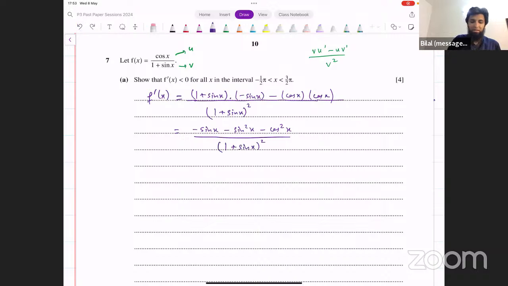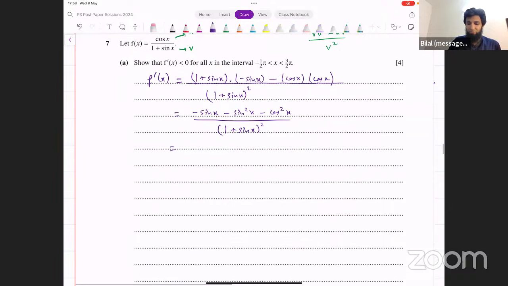Now let's keep it like this for now, and let's just think about the numerator first of all. What do we have in the numerator? Minus sine x minus sine square x minus cos square x. Now, can we simplify this a little? We can say this is minus sine x minus, if we take minus common, that leaves us with sine square x plus cos square x inside. And what's that?